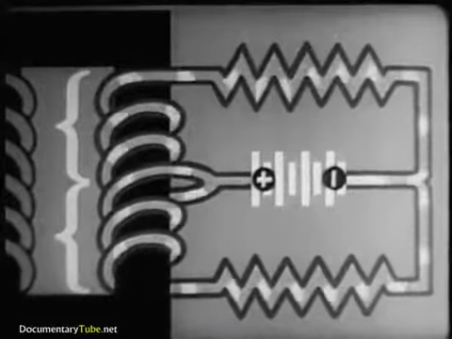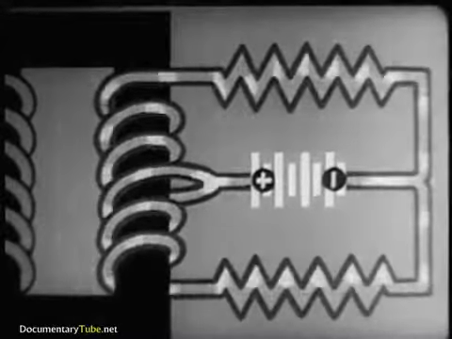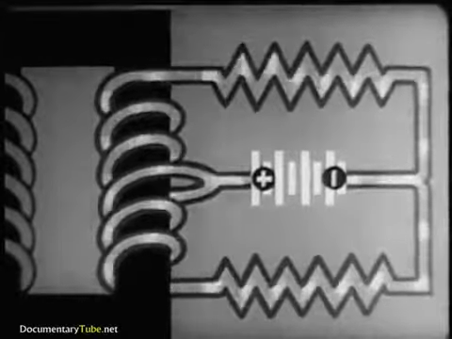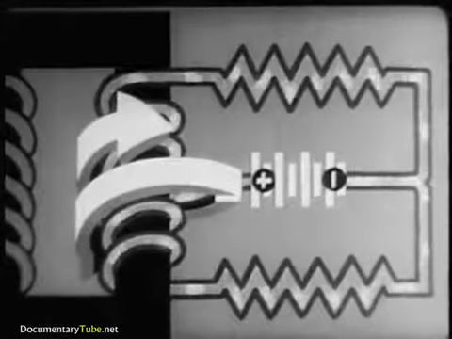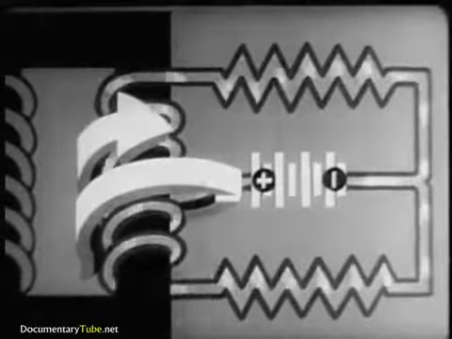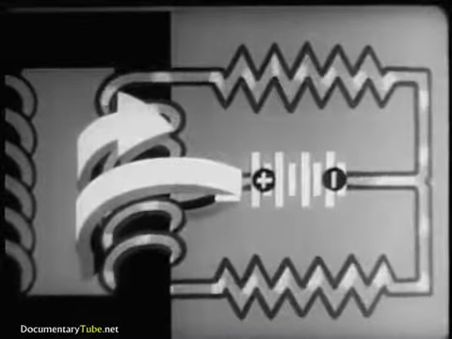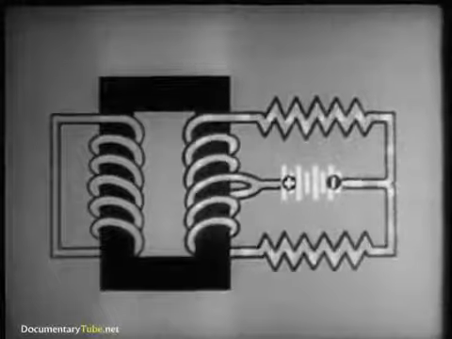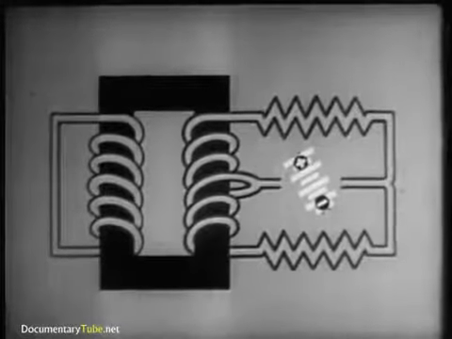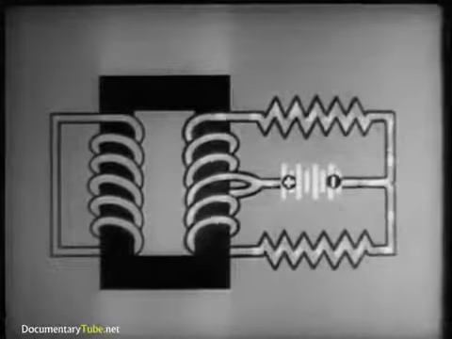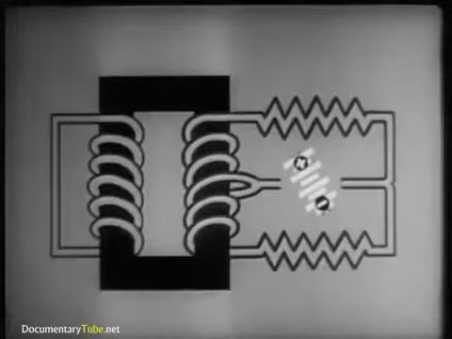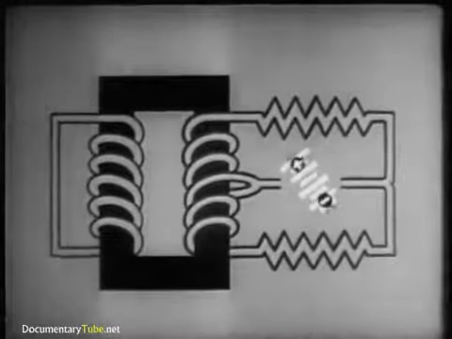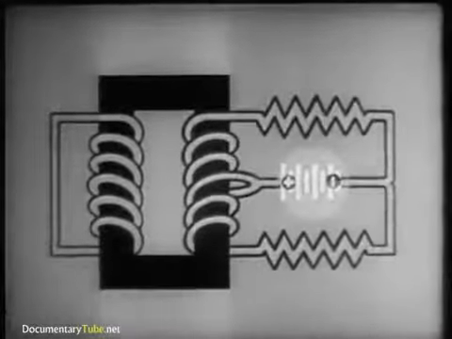There are now 2 equal currents flowing through the winding in opposite directions. Their magnetizing effects cancel each other, so no flux is produced in the core. Consequently, no current is induced in the second winding, even when the current in the first winding is changing. The same principle applies to alternating current.